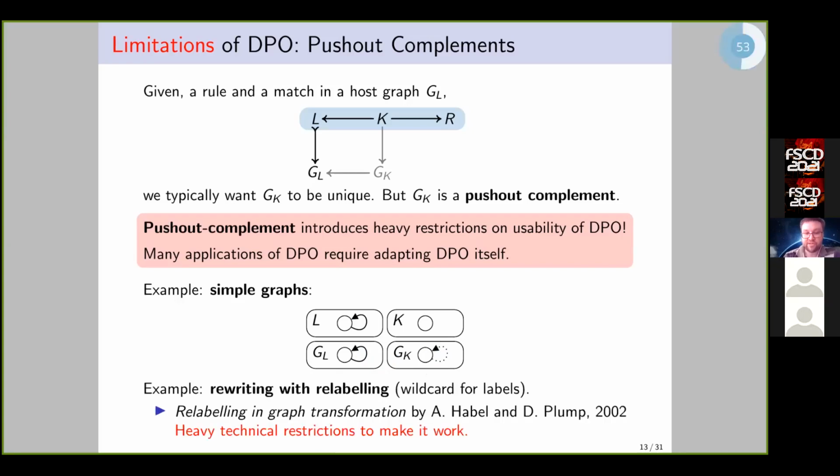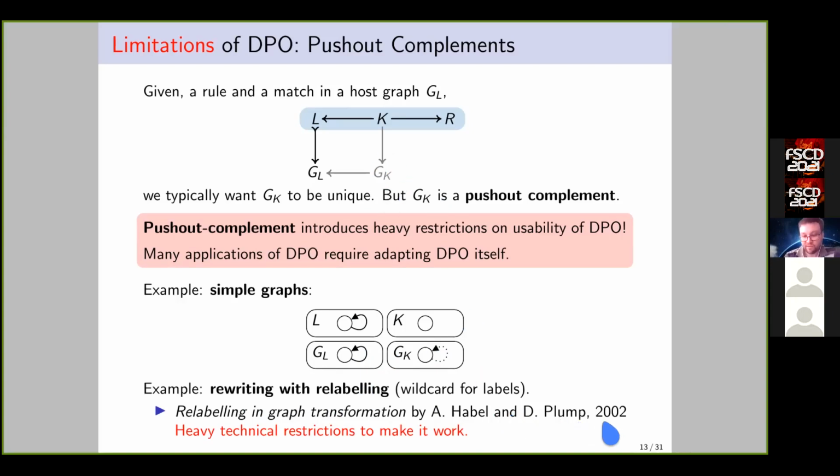Another example where things are complicated with DPO is if you want to have wildcards, if you want to allow relabeling, so a wildcard label that matches any label. There actually have been papers in the 80s which were later found to have mistakes in the characterization of the pushout complement.